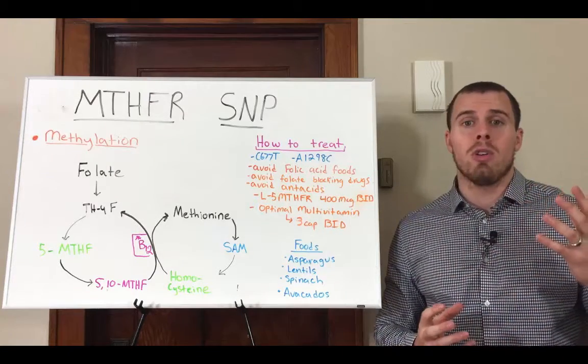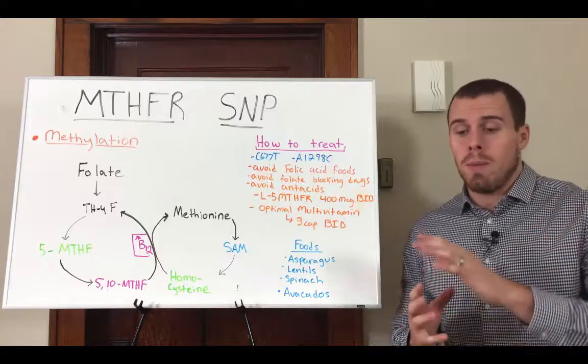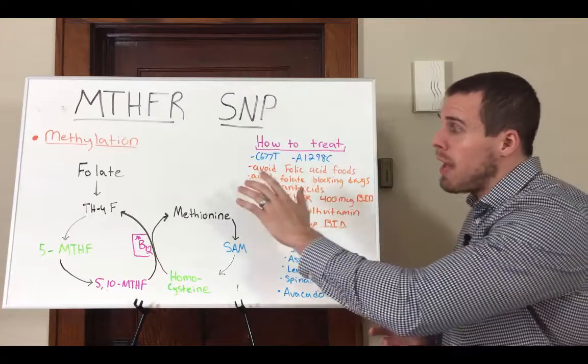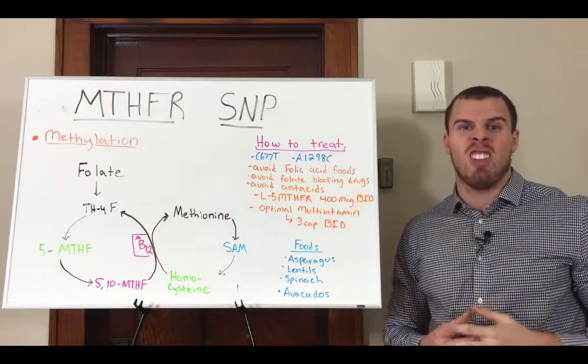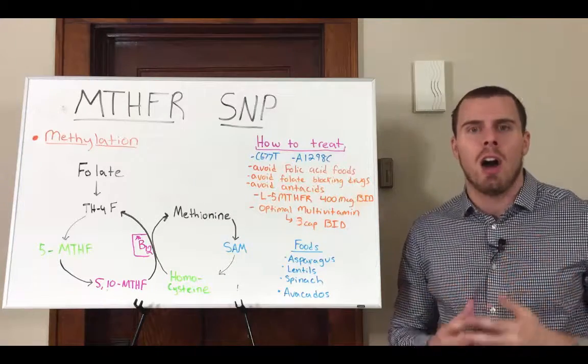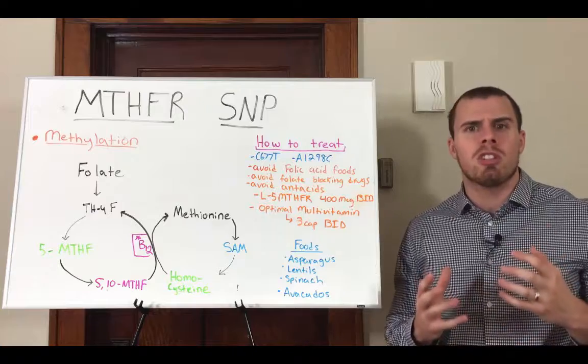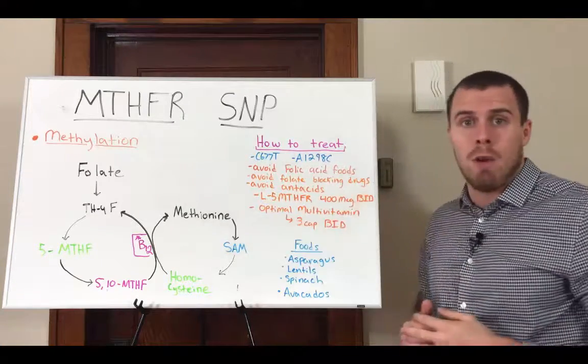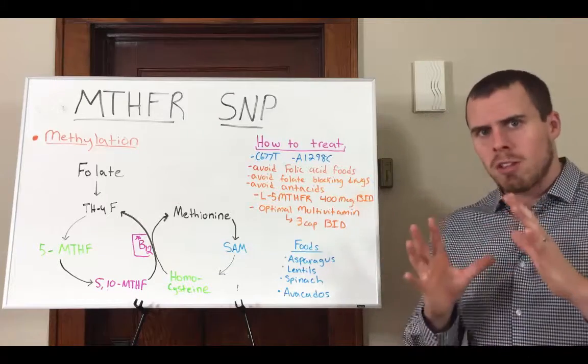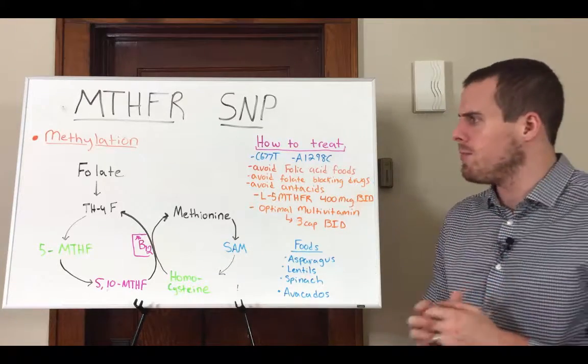So if we're not breaking down processes in the liver correctly, or if we're not detoxifying correctly, or the liver is just not working correctly, we're not going to be able to break down that folate correctly. That's just something I want to have patients be aware of.